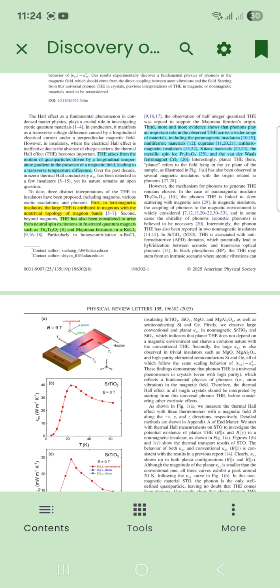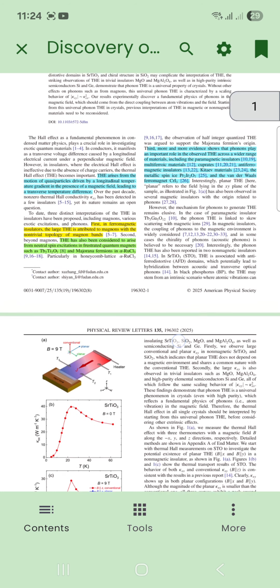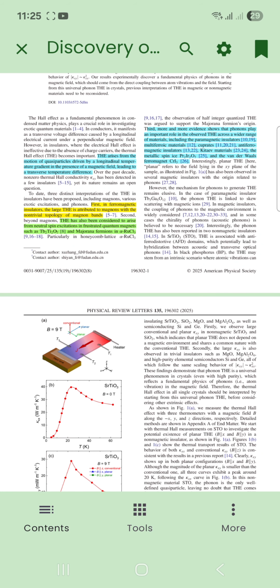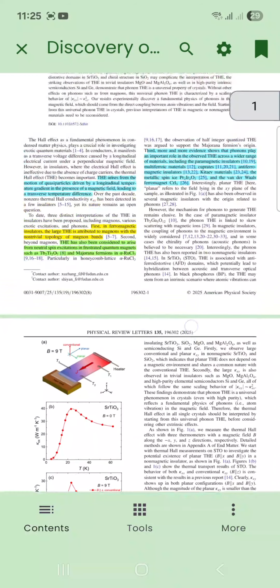So this phenomenon has been already observed before, but the reasons for this phenomenon were ferromagnetic insulators. Like this phenomenon has been observed in ferromagnetic insulators, and due to magnons, or in frustrated quantum material due to Majorana fermions.